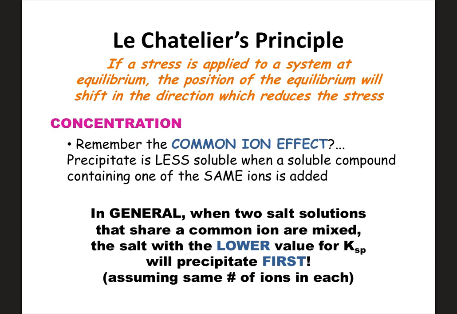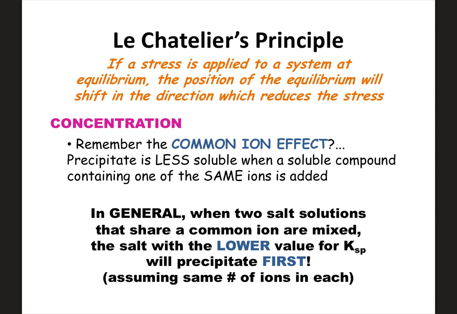Assuming that you have the same number of ions for each of these substances, typically these problems require you to show work and to do math. But if you did have a problem, maybe like a multiple choice, where you're trying to figure out which of these two would precipitate first, you can look at the KSP values if they have a common ion.